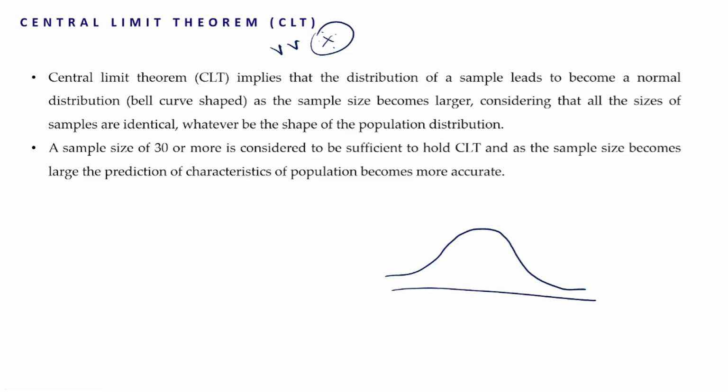A sample size of 30 or more is considered to be sufficient to hold central limit theorem, and the reason for having a large sample is that as the sample size becomes large, the prediction of characteristics of population becomes more accurate. So we can say that whatever study we have conducted on the sample is a true reflection of the population.